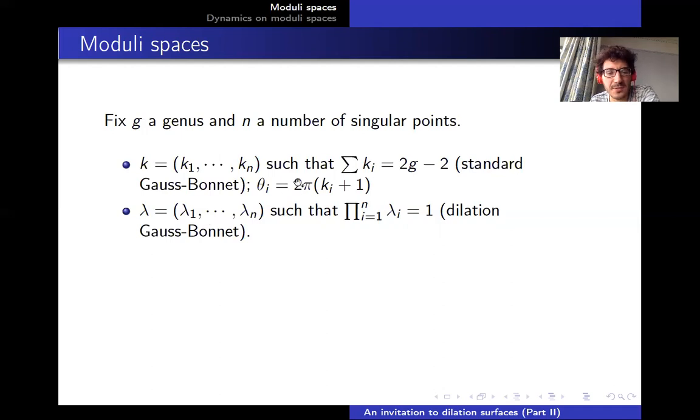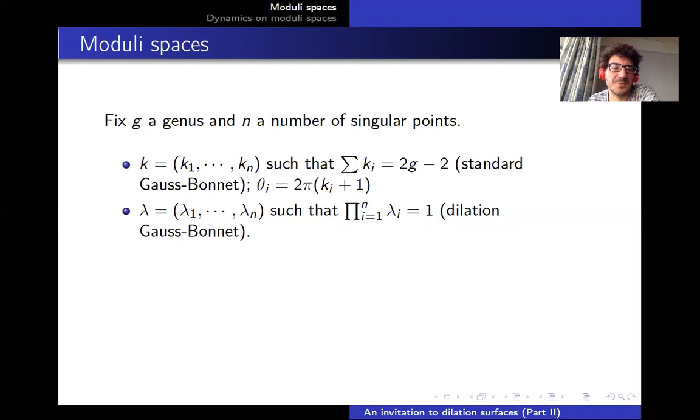The only two restrictions are that the set of angles satisfy the standard Gauss-Bonnet formula, and that the product of those dilation factors, taking account of the orientation, is equal to 1.